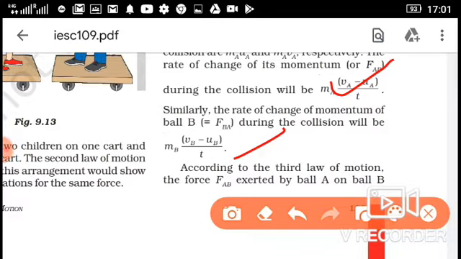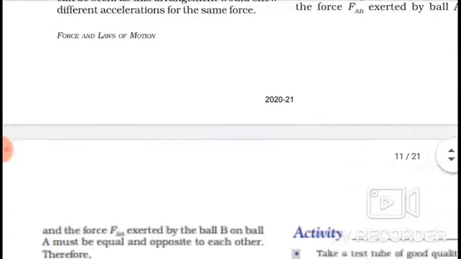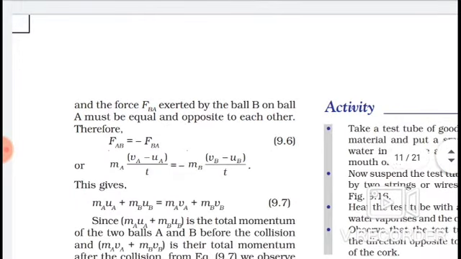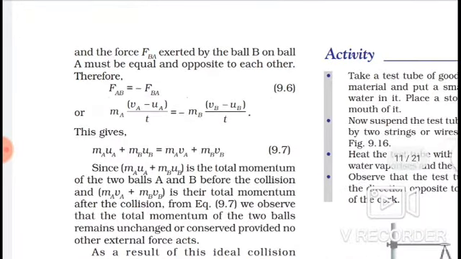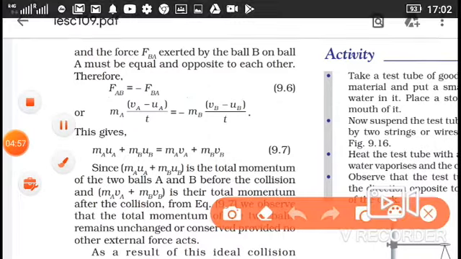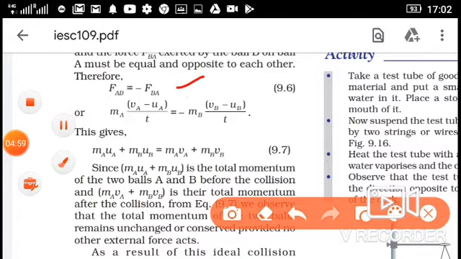According to the third law, ball A applies a force on ball B, and in return ball B applies a force on ball A, but in the opposite direction. The forces are equal, and the formula of force is the rate of change of momentum. Force is directly proportional to the rate of change of momentum.